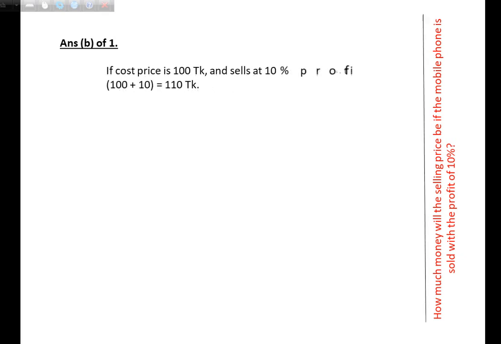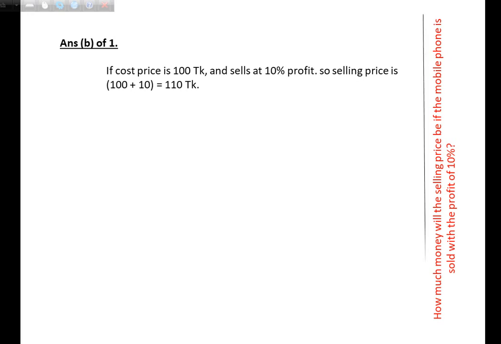At first the cost price is 100 taka. It is the basic principle, the basic way to find the selling or cost price. So if the cost price is 100 taka, then the selling price at 10% profit is 100 plus 10, equal to 110 taka.